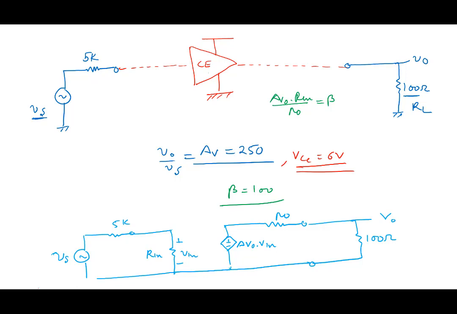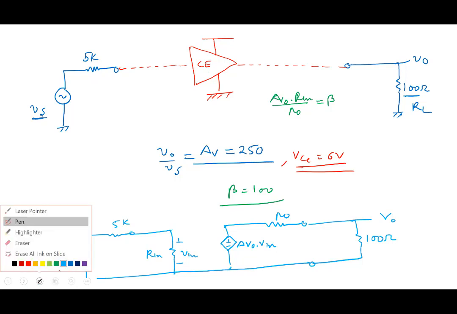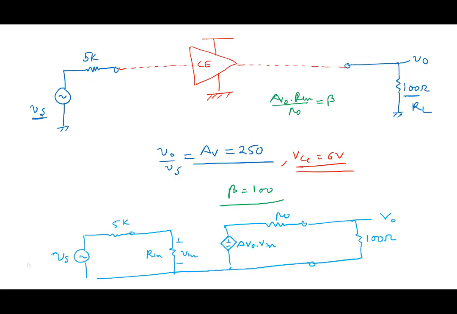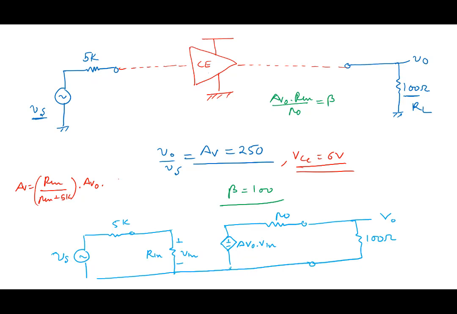This is the input. So we know the gain of this particular stage would depend on the overall gain. AV will be equal to Rn over Rn plus 5K, multiplied by AV0, and 100 ohms divided by R0 plus 100 ohms.